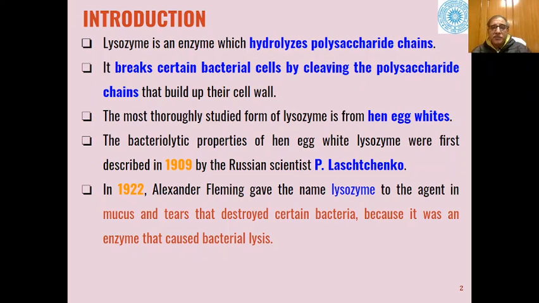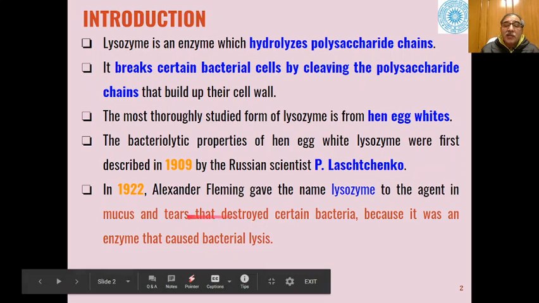The most common example of lysozyme is studied in the form of hen egg white, and the bacteriolytic properties of hen egg white lysozyme were described in 1909 by the Russian scientist Lysenko, whereas in 1922 Alexander Fleming gave the name lysozyme to this enzyme because he found that this is an agent in the mucus and tears that destroys certain bacteria.